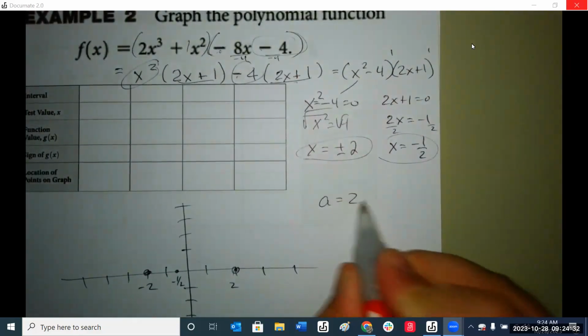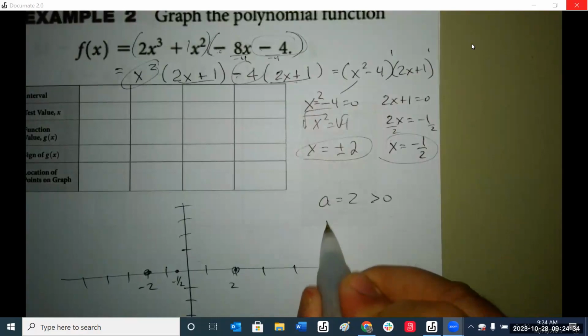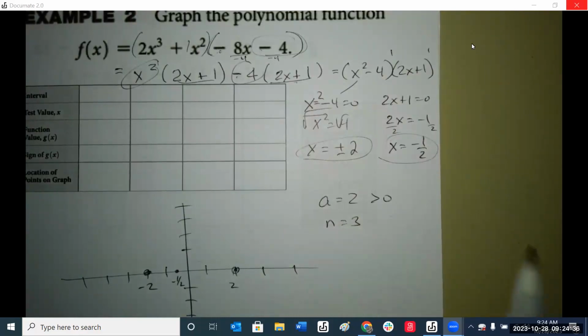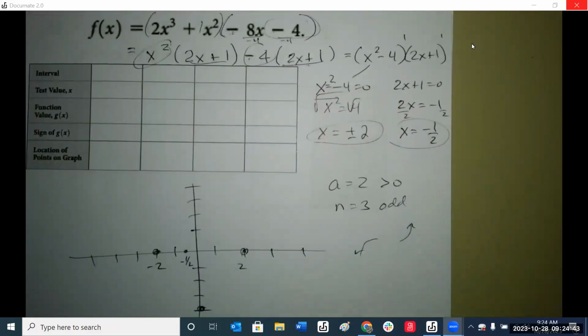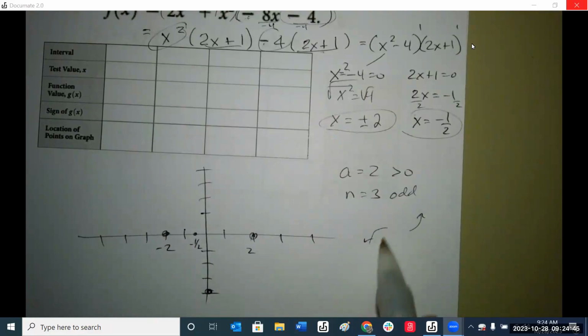A equals 2, so it's greater than 0. N equals 3, so it's odd. So the graph looks like this. On the left side, from the left dot, it goes down. From the right dot, it goes up.